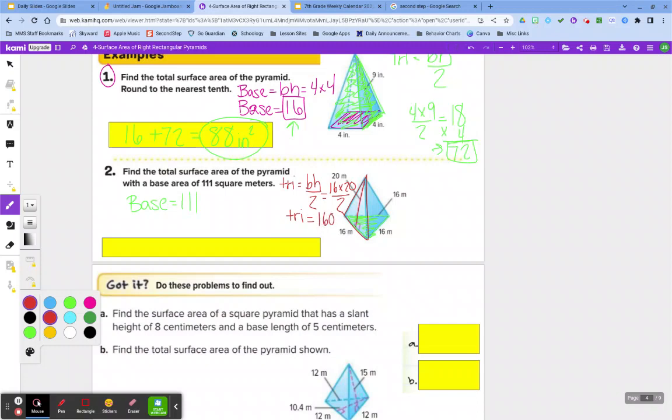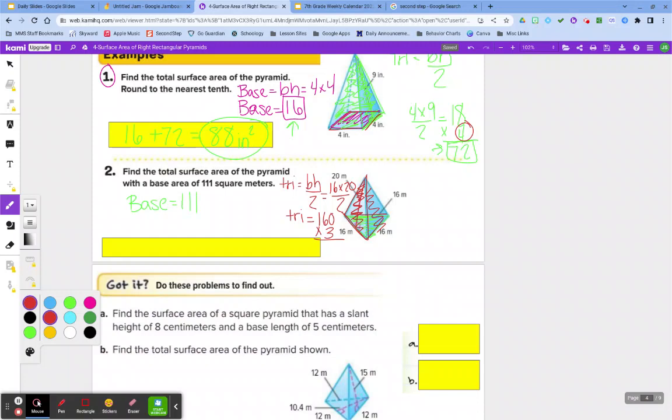So when we do that, the triangle is going to be equal to 160. Now we need to count up how many. So that's this triangle and this triangle and a third triangle. So if you notice on the first one, we had a square which has 1, 2, 3, 4 sides, and we multiplied by 4. Same thing goes here. The base is a triangle which has 1, 2, 3 sides. So this time we are going to multiply by 3 sides.